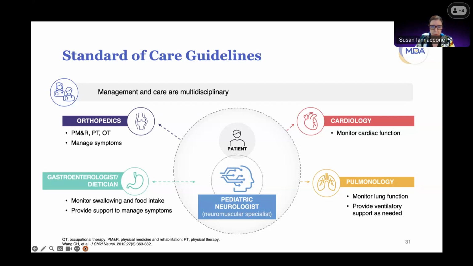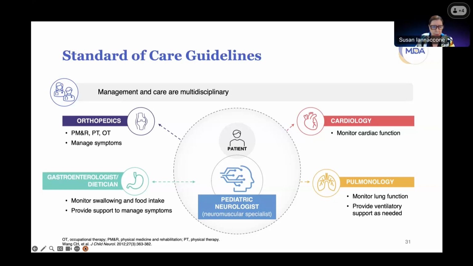This is for two reasons, I think. One is it's usually a pediatric neurologist who makes the diagnosis. And secondly, it is the pediatric neurologist who knows the most about the underlying pathophysiology and the natural history of these diseases.